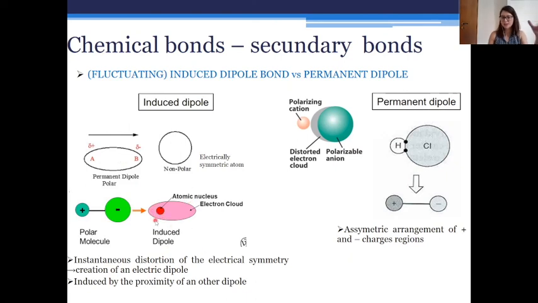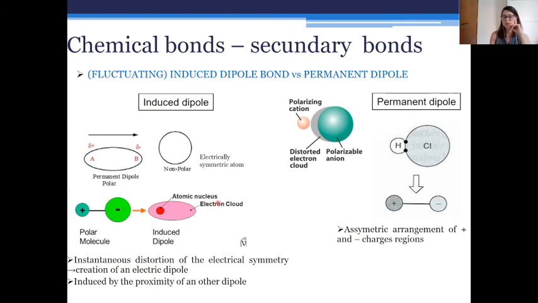You can see on this representation that the negative part of the permanent dipole will repel the electrons, so the cloud will be distorted and go to a region a bit farther away from this negative region of the permanent dipole.